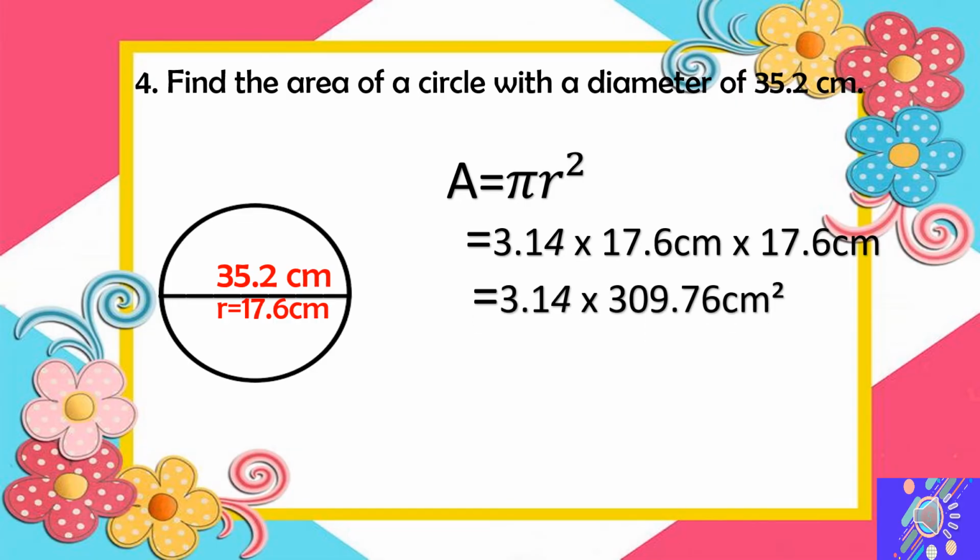So when we multiply 17.6 centimeters times 17.6 centimeters, the answer will be 309.6 square centimeters.